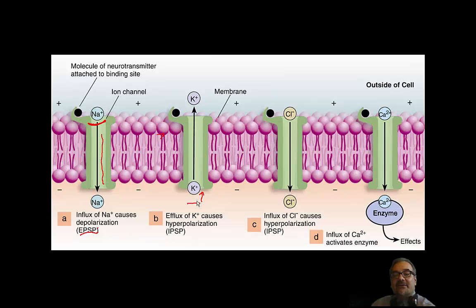This process of leaving the neuron causes what we call inhibitory, because potassium is positive, and by having potassium leave you're making the cell more negative on the inside, more positive on the outside. Everything is relative. And therefore, you're causing what we call inhibitory postsynaptic potentials.